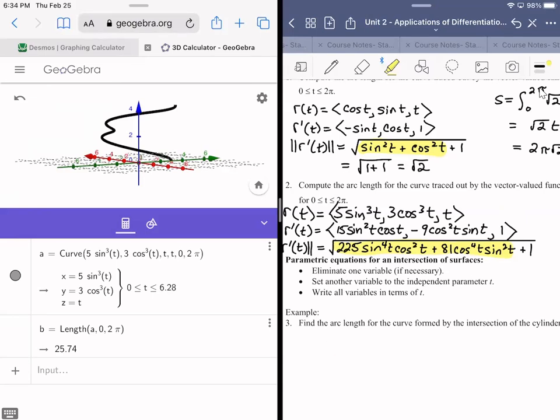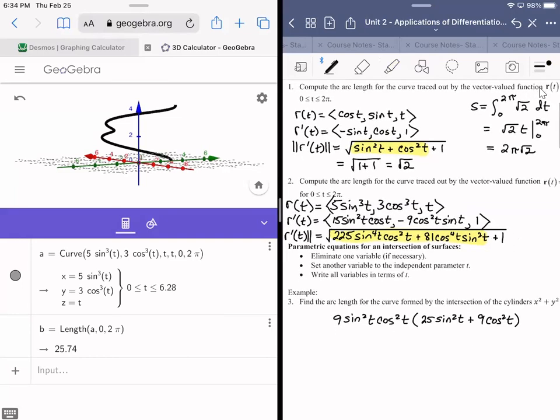I could pull out a sine squared t and a cosine squared t. And when I pull that out, I'll be left with a 25 sine squared t plus 9 cosine squared t plus 1 all under the radical.